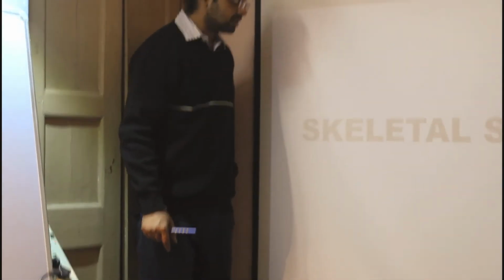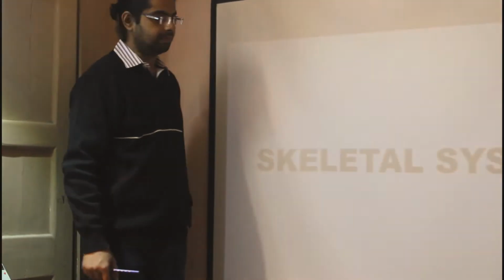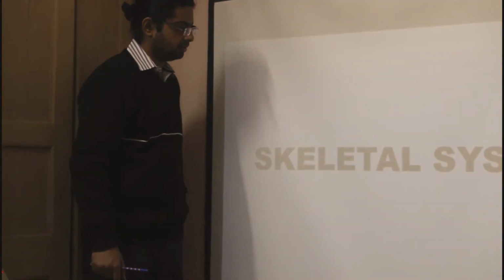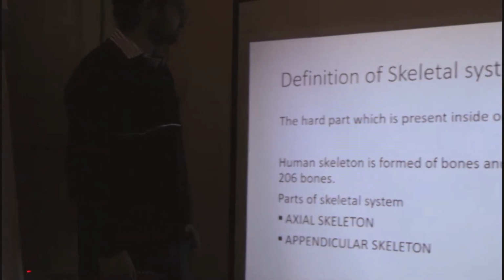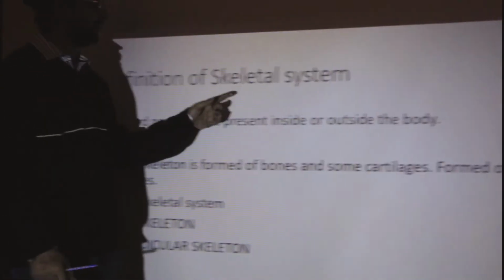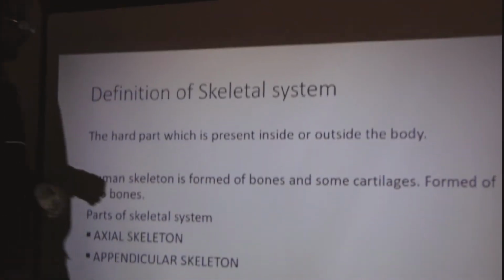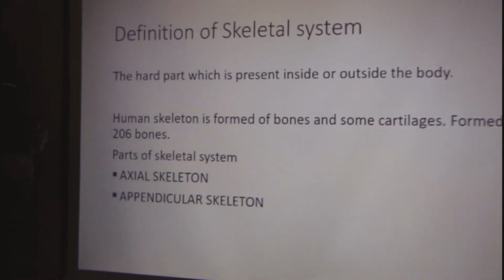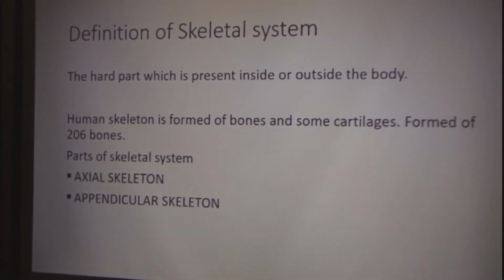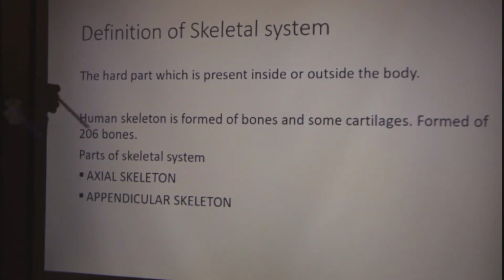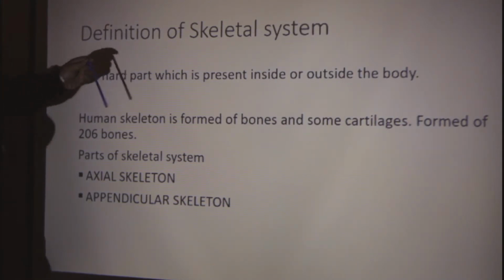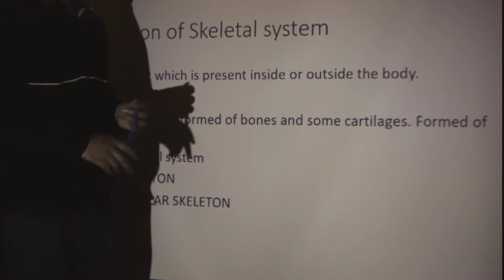Today I am going to discuss the skeletal system. The topic of my discussion is the skeletal system. It's a brief, or rather an introductory, discussion. By definition, it is the hard part which is present inside or outside the body.